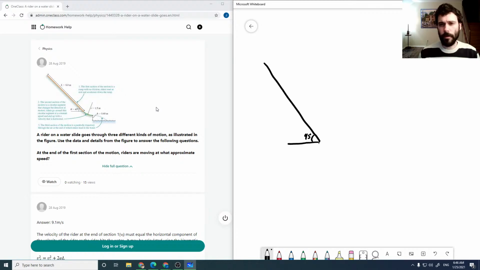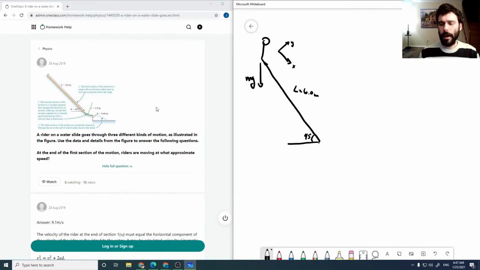So some rider at the top with our mg as such. We're going to set up our axis system as x, y. And it just wants to know at the end of the first section, so the 6-meter slide, what velocity are they traveling with?